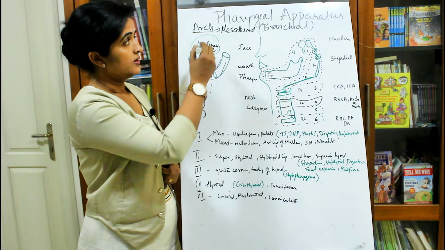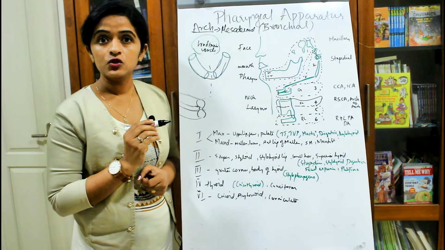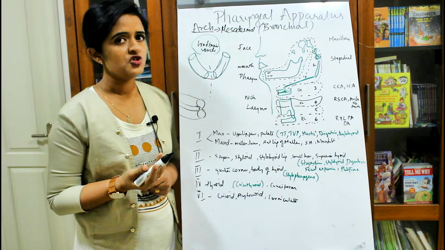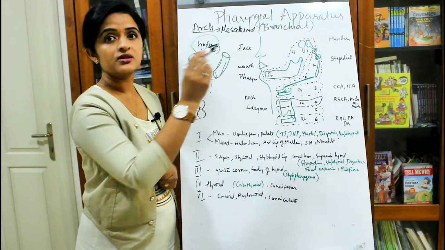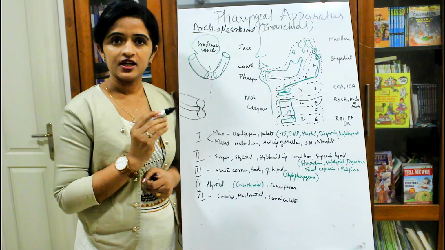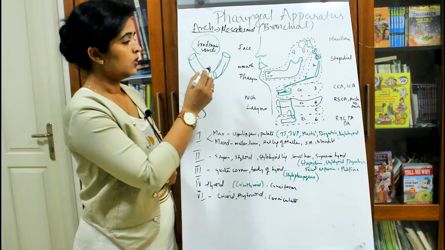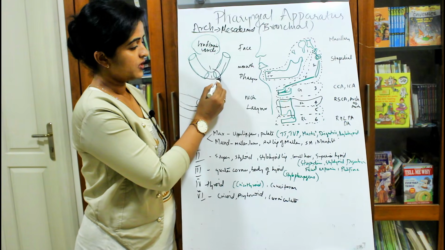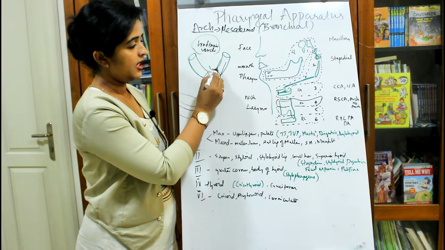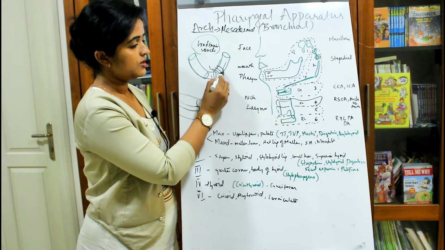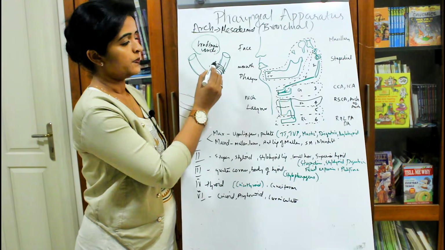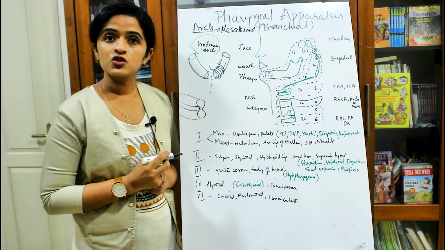So the arch means it is the mesodermal core. And I have already mentioned that the pharyngeal apparatus is made up of mesoderm, ectoderm and endoderm. So the outermost covering will be the ectoderm. So the ectoderm will be covering this mesodermal core. And where will you get the endoderm?